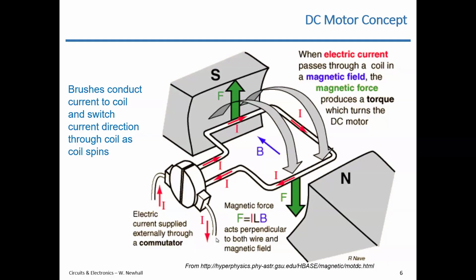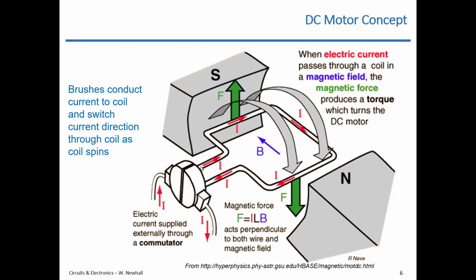So if you do this, then if you remember the I L cross B direction from the last slide, you're going to see a force up on the upper left here, and as the current flows, you're going to see a force down on the lower right, and that will cause this loop to rotate.